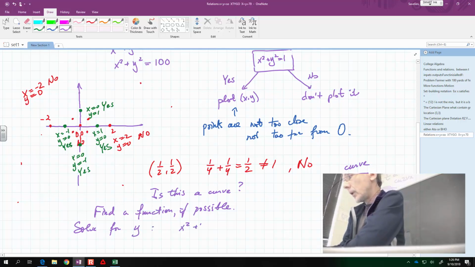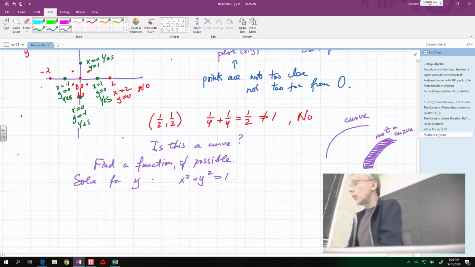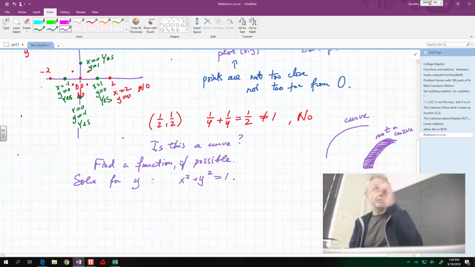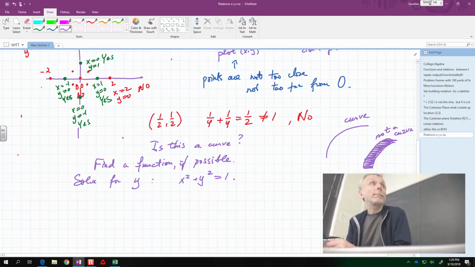So x squared plus y squared is equal to 1. I want to solve it for y. What happens? What do I get if I solve for y?